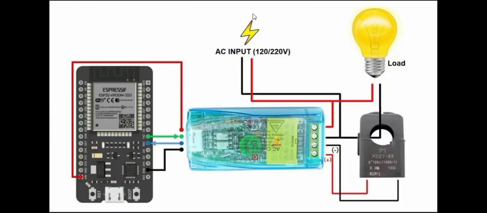I will explain the project wiring. The AC power from the mains enters through the line and neutral wires.